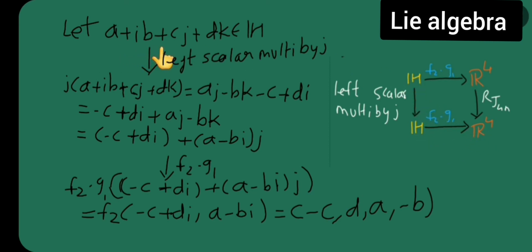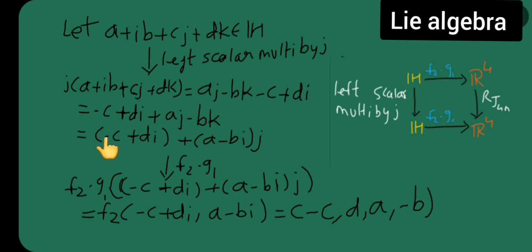So H is what? Let A plus IB plus CJ plus DK belonging to H. Then left scalar multiplication by J, write it as it is, then J into this. This is equal to AJ minus BK minus C plus DI, which is minus C plus DI plus AJ minus BK.